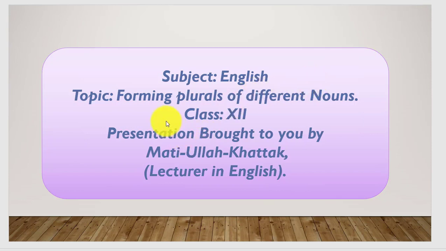Today we will learn how to form the plural of different categories of noun. We have already learned the kinds of a noun and its function in a sentence. Today our objective is quite different from the earlier objectives.